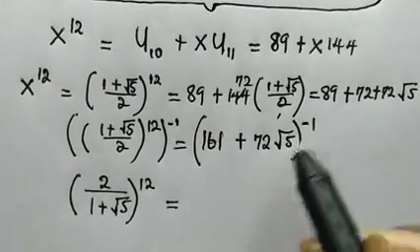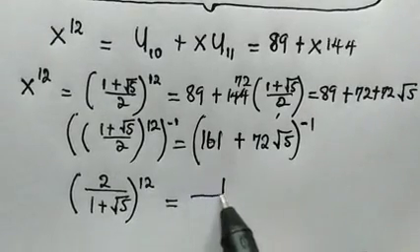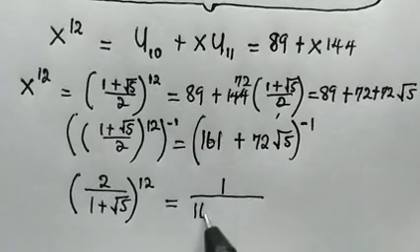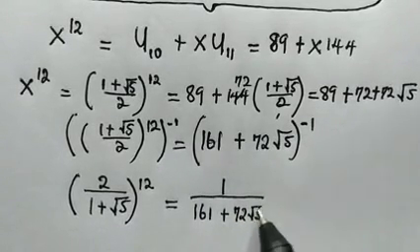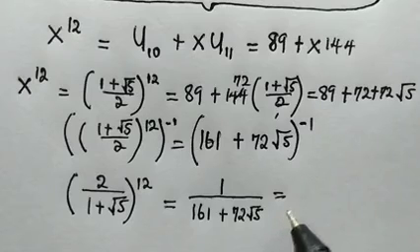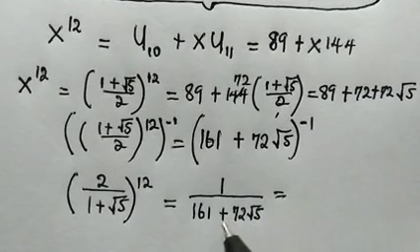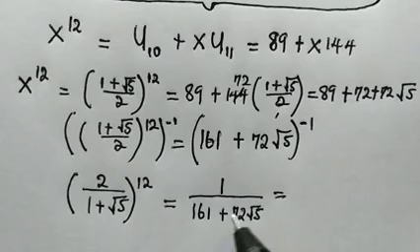So this will be equal to, remember, raised to the power of negative 1 means 1 all over, right? Yes. 1 all over 161 plus 72 root 5. So all we need to do is just to rationalize by conjugation, right? So the conjugate form of this is 161 minus 72 root 5. So we're going to multiply the numerator and the denominator by the conjugate form.